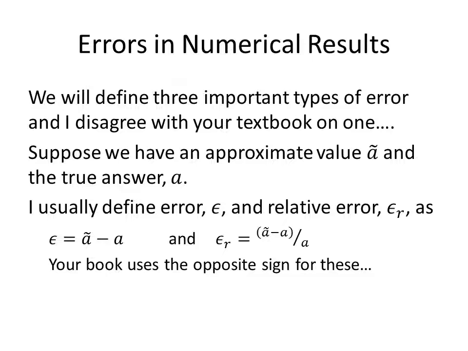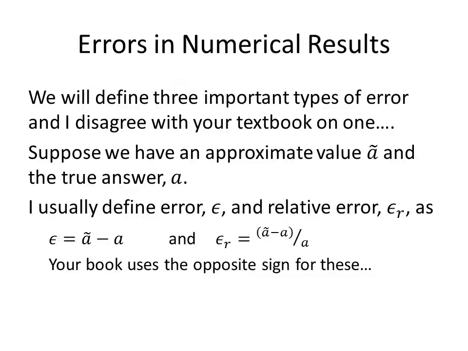Suppose we have some approximate value a tilde and our true answer a. I will usually define error and relative error using equations shown, where I take the approximate value minus the actual value. And your textbook uses the reverse of these, and it would get the opposite sign.